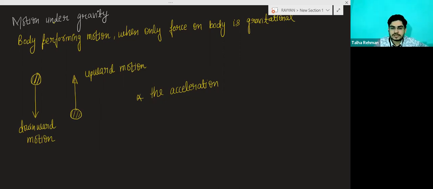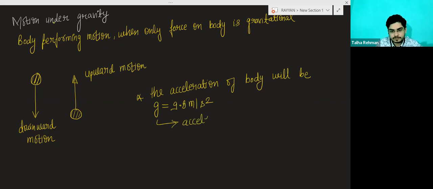The acceleration of the body will be g, equal to 9.8 meter per second square, and this g is known as the acceleration due to gravity.